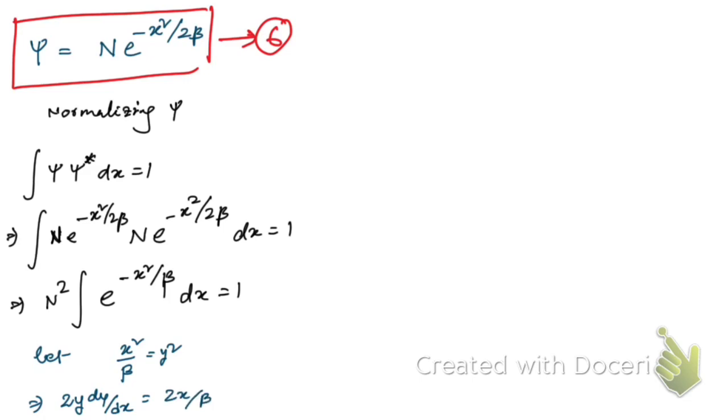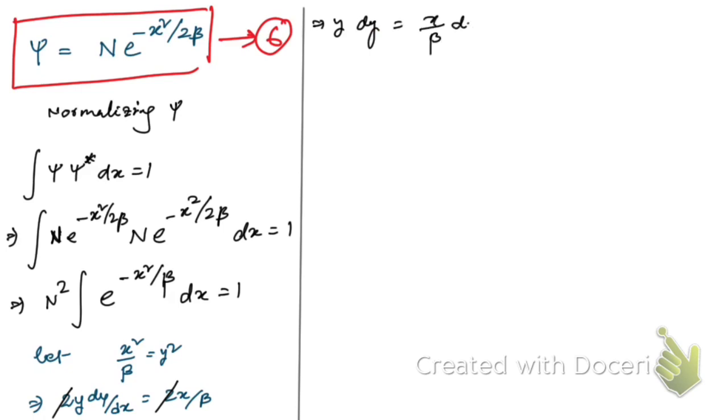The 2 cancels, so y dy can be written as x by beta into dx.